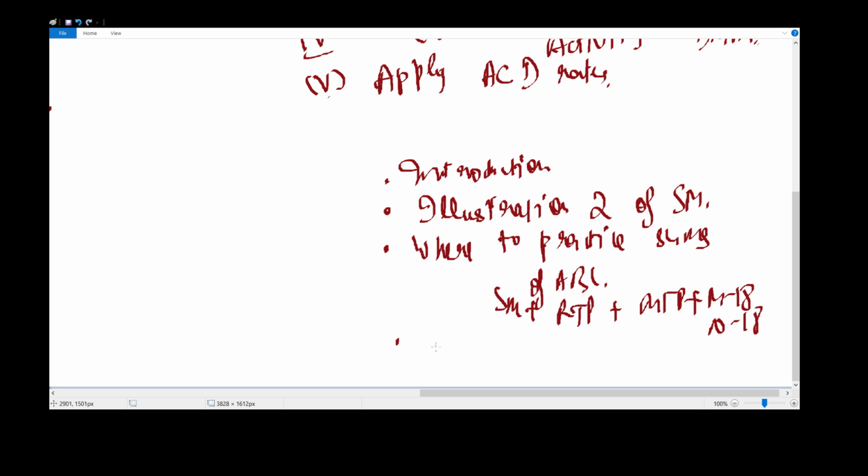And one more thing, we have discussed the stages of activity-based costing, ABC. I hope till here you got it. If you have any doubt, please do ask right now.